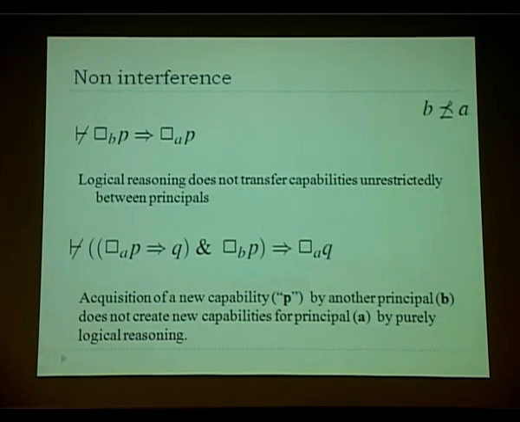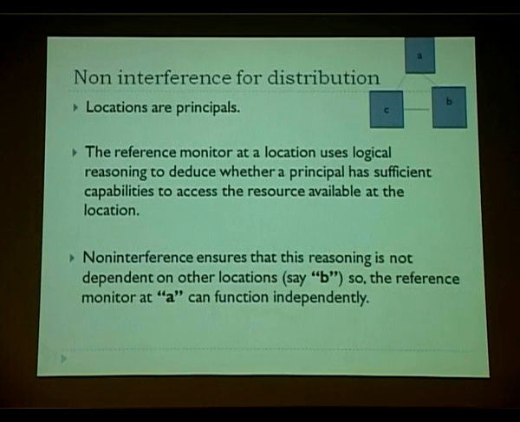And similarly, suppose A has a piece of ciphertext, B has the key to decrypt it, but still A will not be able to decrypt it, right? So non-interference says that the logical deduction does not permit these things to happen. And this is necessary for the way these policies are used in a distributed system.